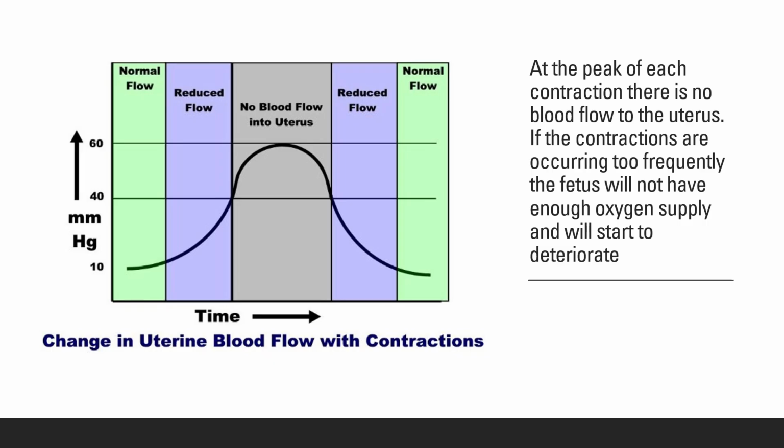As I said before, too many contractions can reduce the blood flow to the fetus. At the peak of each contraction, there is no blood flow to the uterus. If the contractions occur too frequently, the fetus will not have oxygen and is not able to go back and relax in between. This can cause some issues down the road.